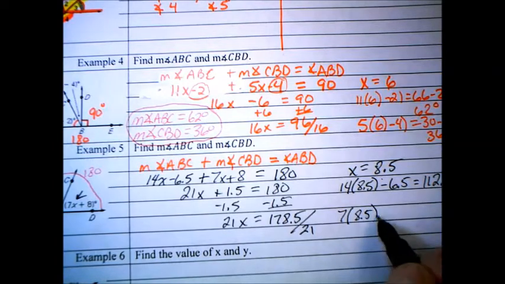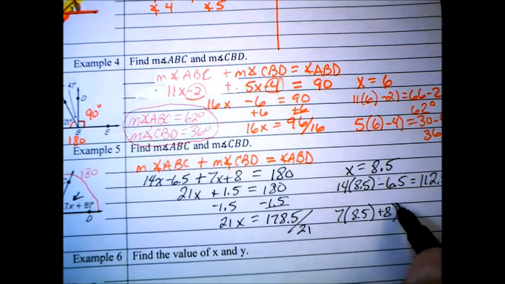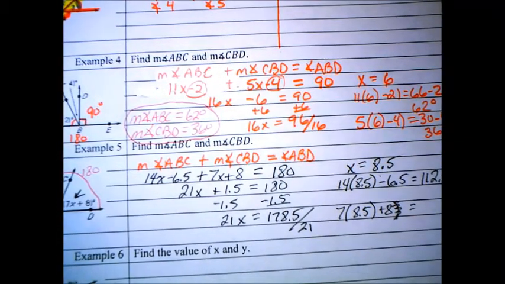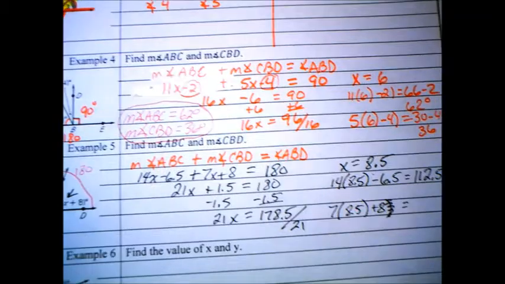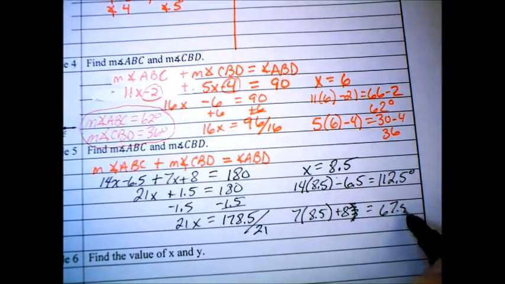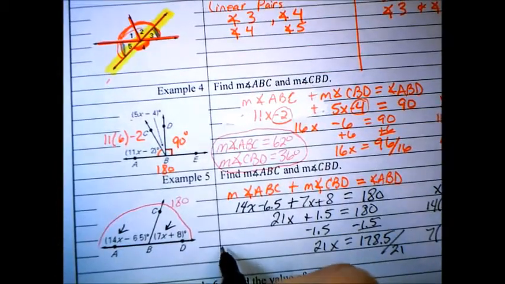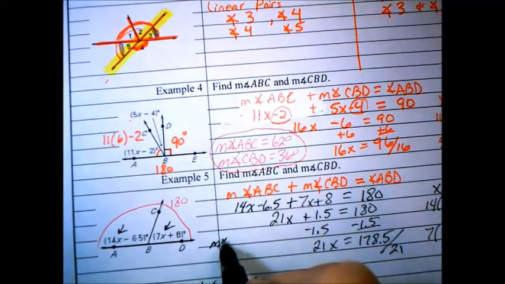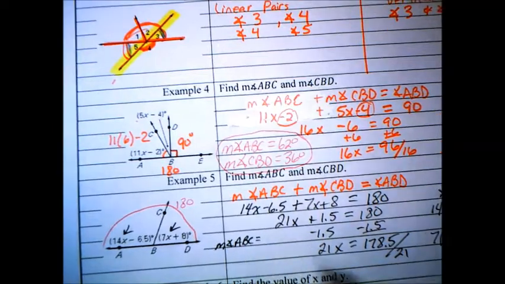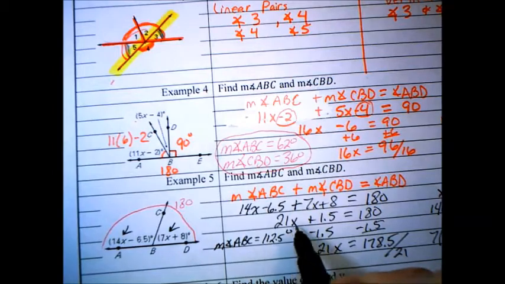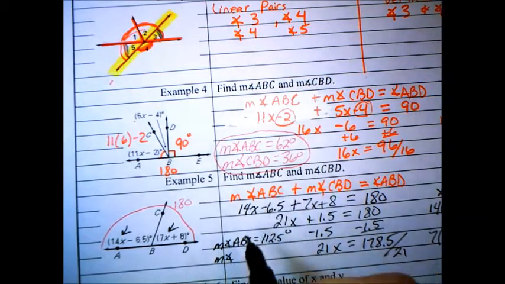That ends up with 67.5. So my two answers, I'll have the measure of angle ABC is equal to 112.5 degrees, and then the other one, measure of angle CBD, is 67.5 degrees, and there's my two answers.